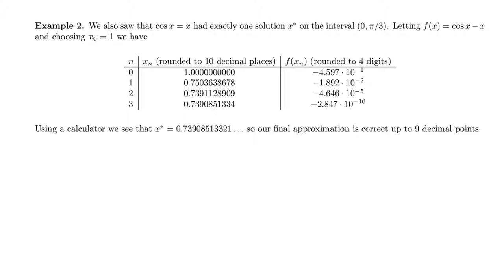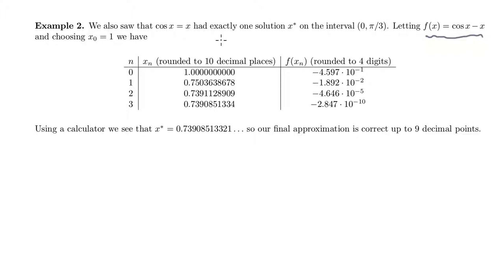Okay, so again, I'm using the same program that just takes a function. In this case, we're trying to solve the equation cosine x is equal to x, so we let f of x be cosine of x minus x, because a zero of that function will be a solution of this equation.